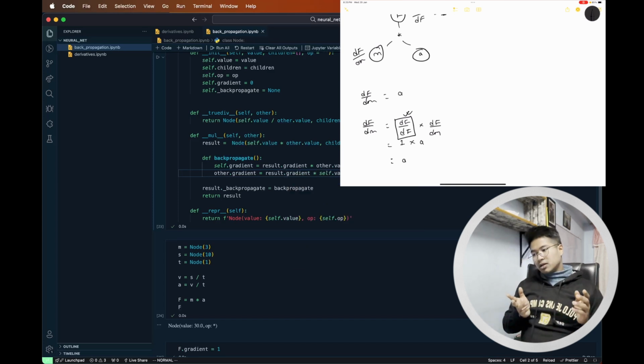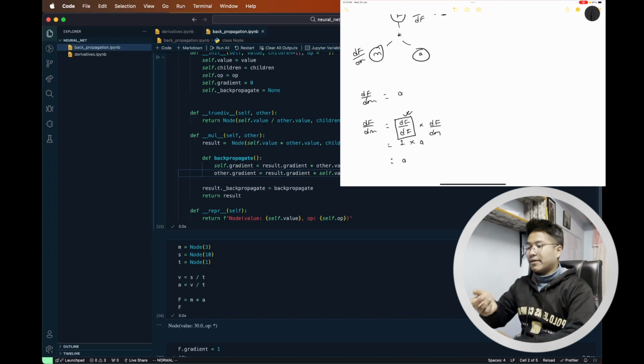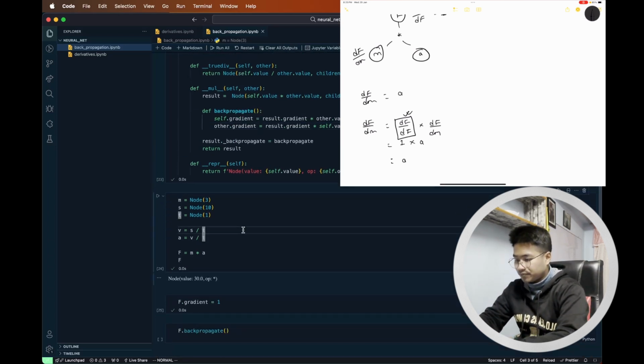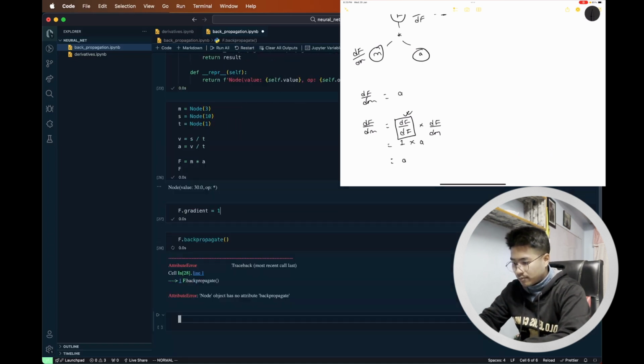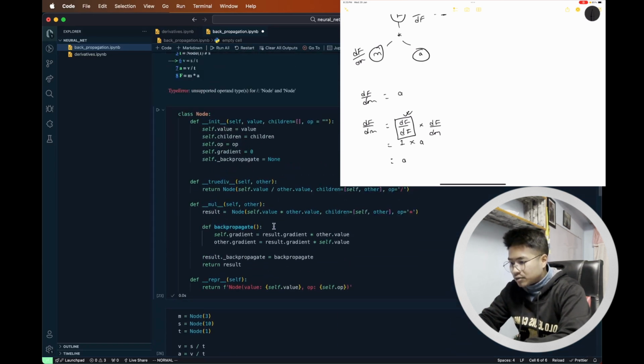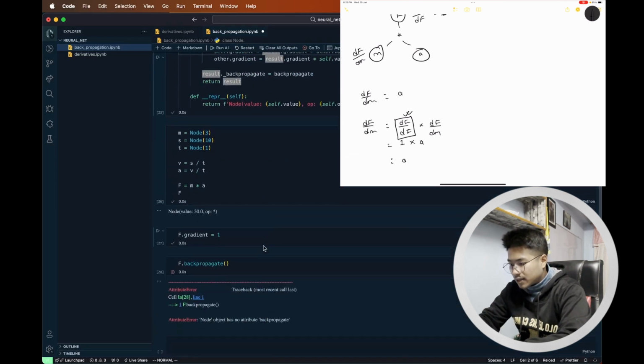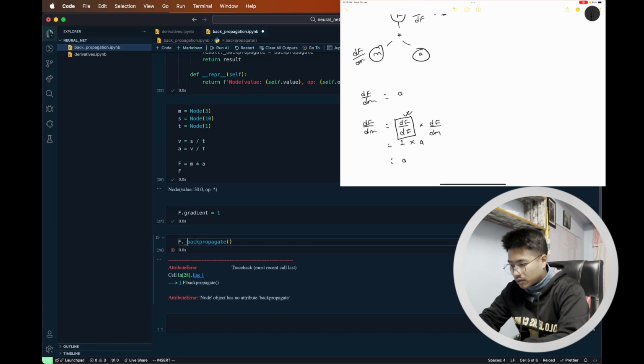So that's an easy backpropagate function, that's good. And now I can make that gradient a 1, and then I can do backpropagate. Node has no... okay, so what I should do over here is this backpropagate is not existent.